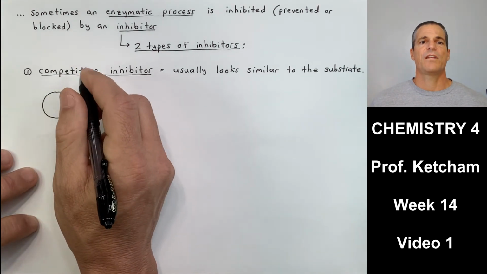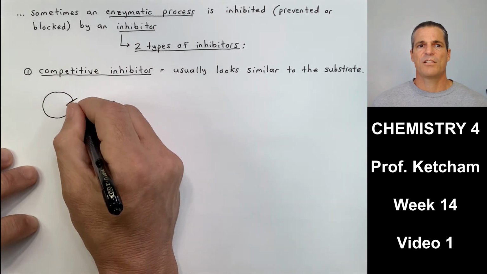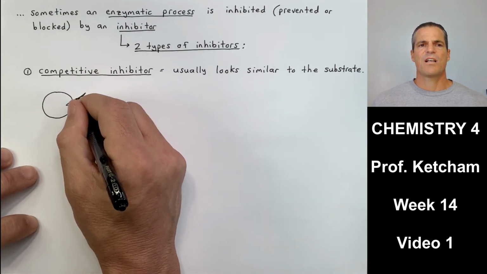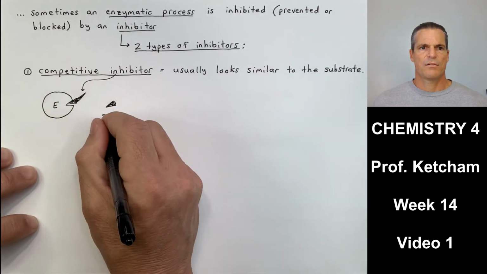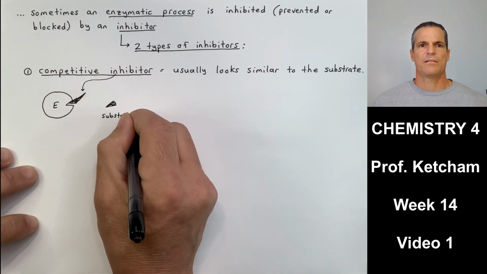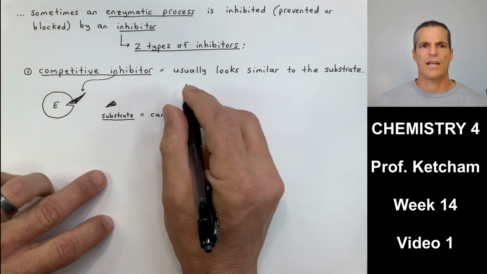So, competitive inhibitor, you see that my enzyme looks the same. Haven't changed anything with the enzyme, but I've got this other kind of black colored reactant that is crowding out the substrate from the active site.